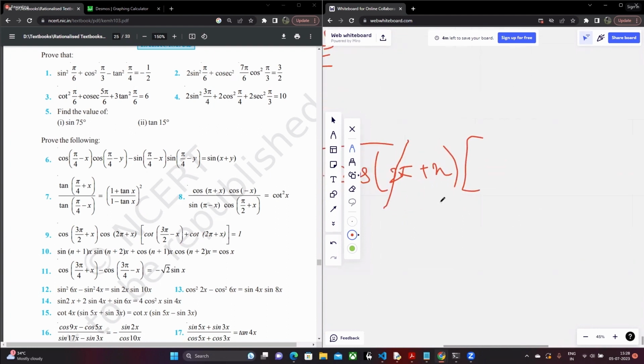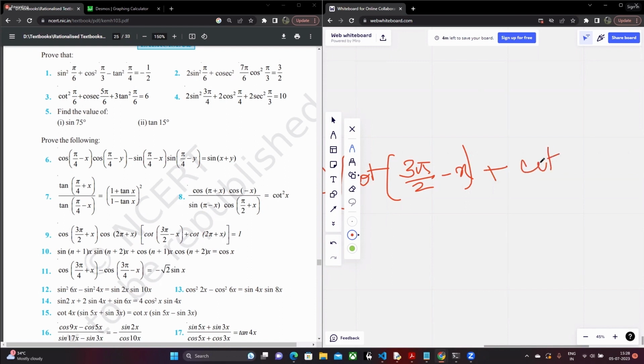So this is going to be cos of 3 pi by 2 plus x into cot of 3 pi by 2 minus x plus cot of 2 pi plus x.